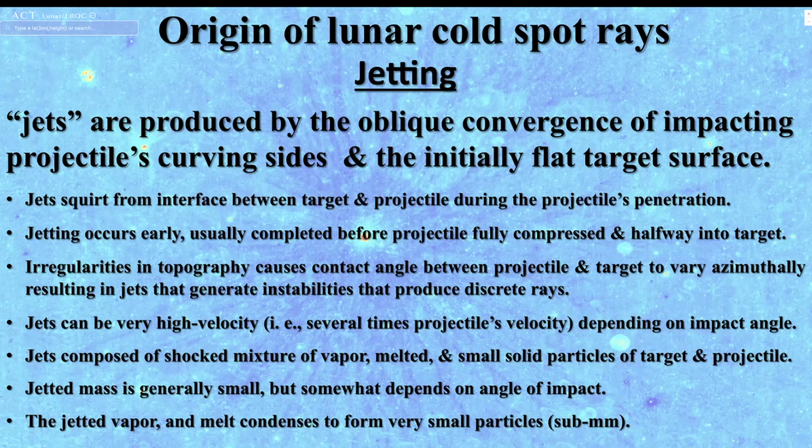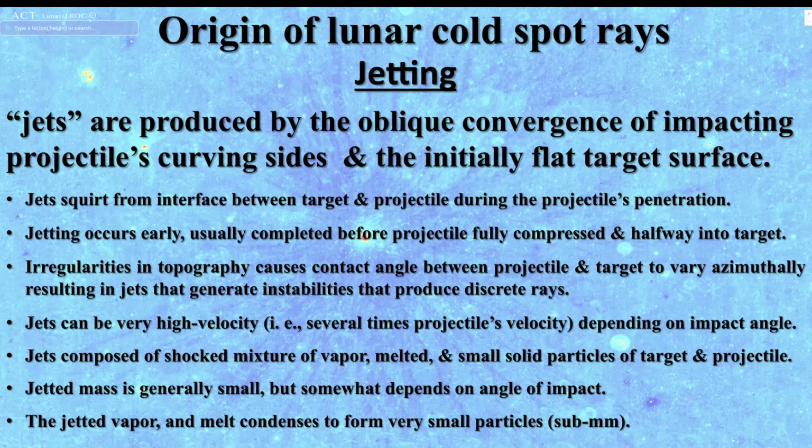Let's keep that in mind. That might not be the case. So here's a good word, squirt. Jets squirt from the interface between target and projectile during the projectile's penetration. Jetting occurs early, usually completed before the projectile fully compresses and basically before it's halfway into the target. So that's a very small slice of time.